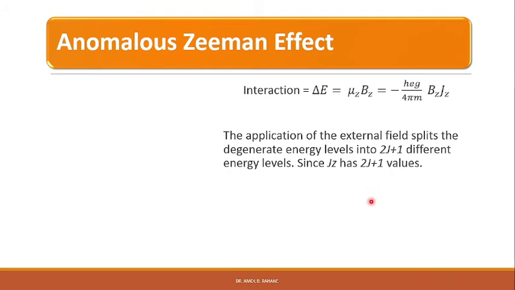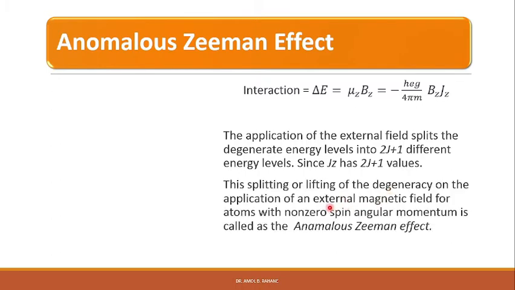So this Jz quantum number has 2J plus 1 different values. This splitting, or lifting of the degeneracy, on the application of an external magnetic field for atoms with non-zero spin angular momentum is called the anomalous Zeeman effect.